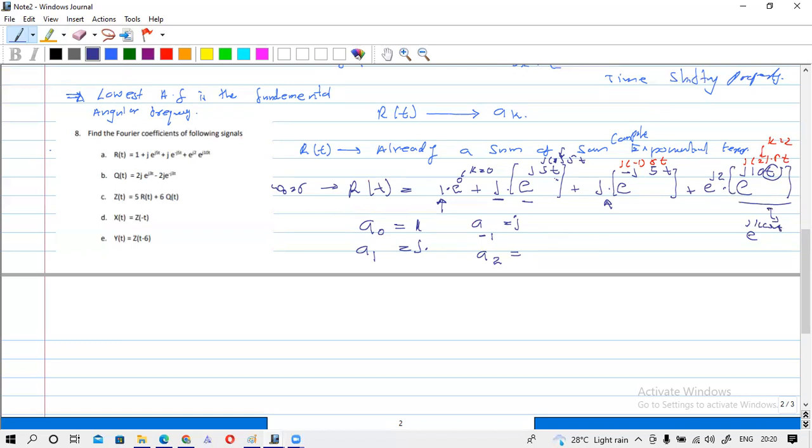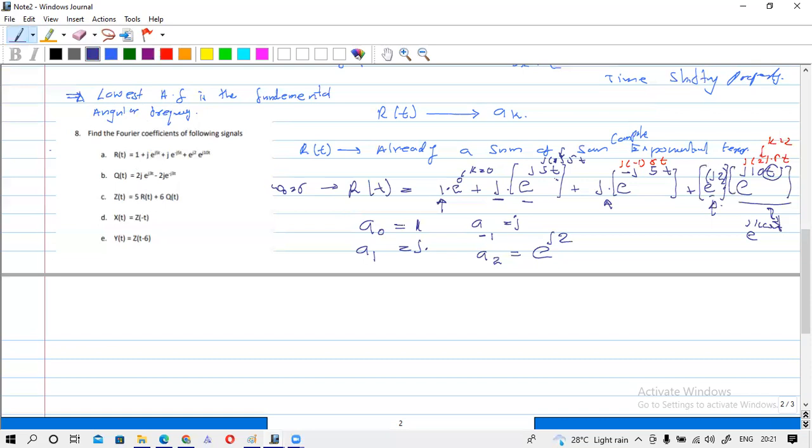And you can see that here there are no t terms, the time variable is not there. So this will be a constant. This is an exponential term, but it is a constant, e j 2. So this will be the coefficients, because that one is the constant. So a2 is e j 2.